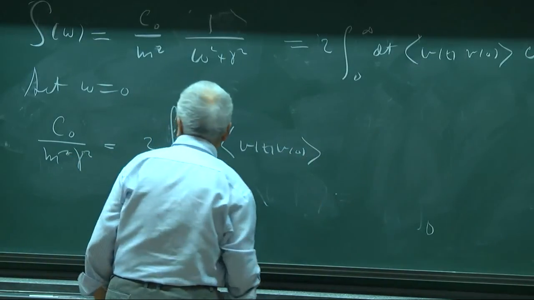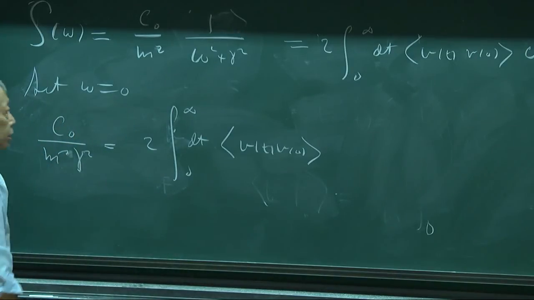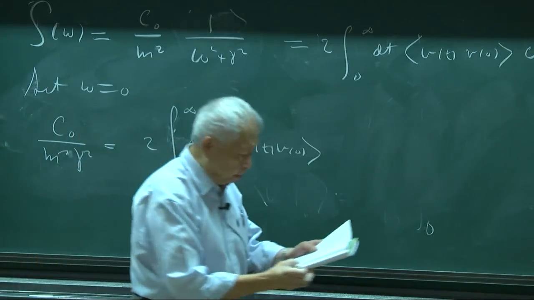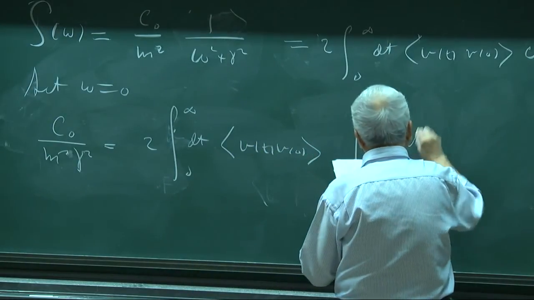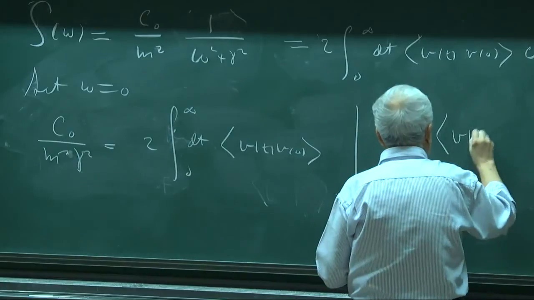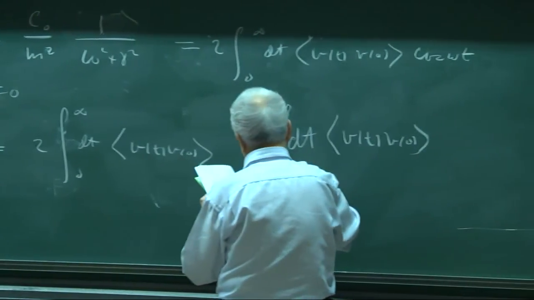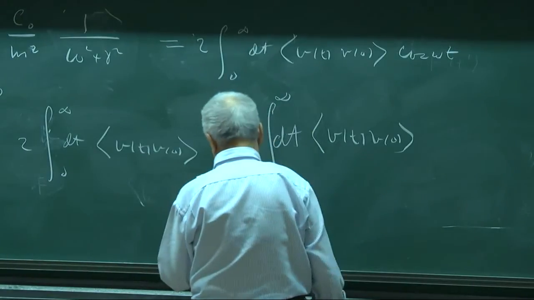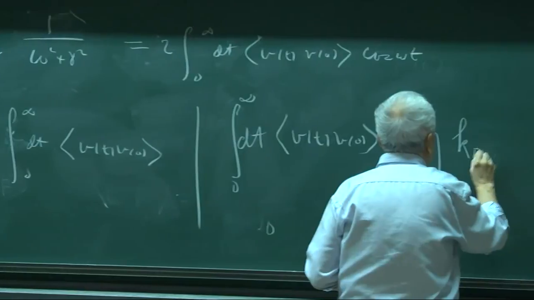The cosine is 1. And remember the connection between gamma and the mobility. If you integrate this from 0 to infinity, you get gamma over kBT.